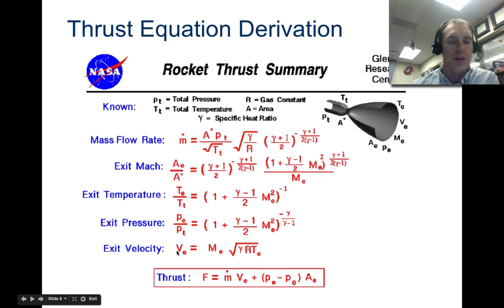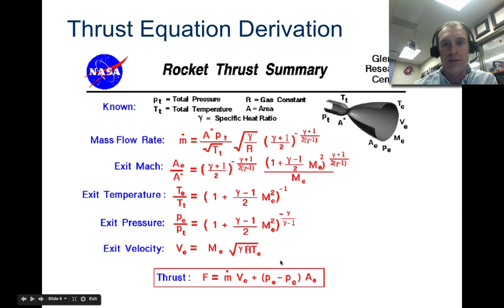Before we do that, I want you to look at the exit velocity, which is a significant component, that VE. Your exit pressure, PE, versus PT, the total pressure at the beginning here. And then exit temperature versus the total temperature. Those are the things that we're comparing: the beginning here to how we exit.